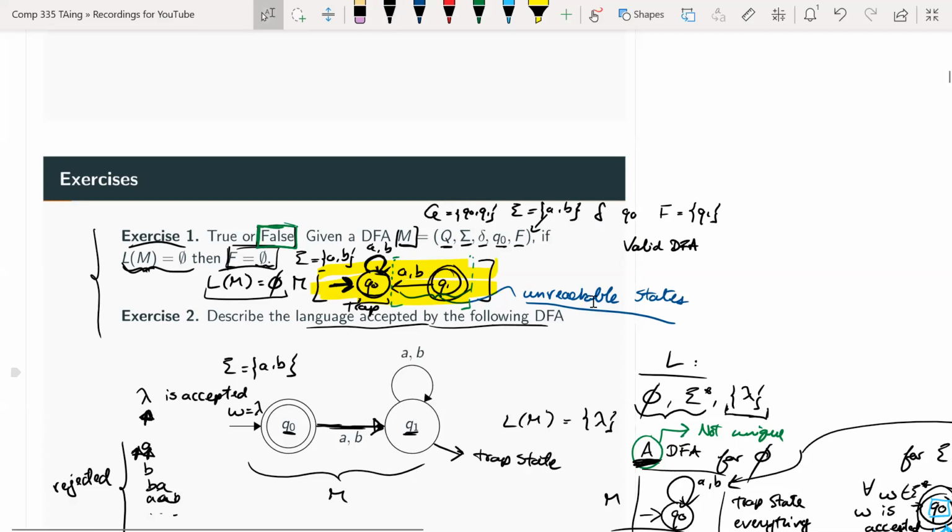They make you think about the definitions and make sure you really understand what's going on in a DFA and what the possible DFAs are.